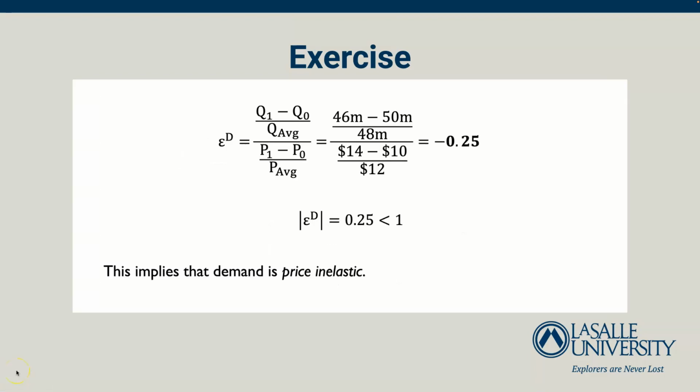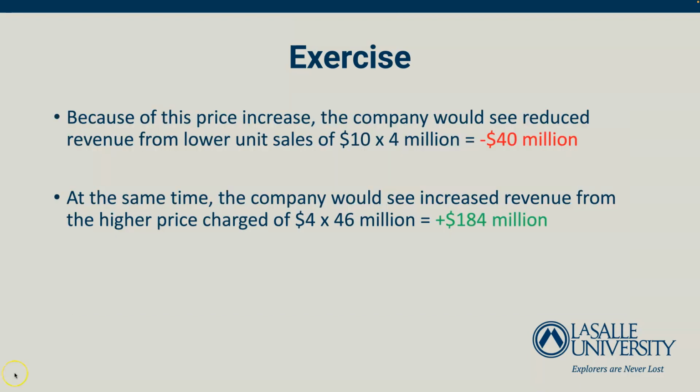Because demand is price inelastic, that increase in price will lead to an increase in total revenue or total expenditure on this drug. Specifically, because of this price increase, the pharmaceutical company sees reduced revenue from the reduction in quantity demanded, which was 4 million units, and those were 4 million customers previously paying $10 per unit, and that's a reduction of $40 million in revenue.